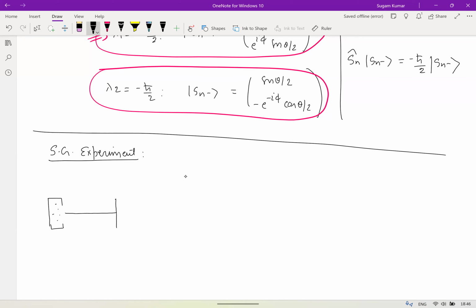It is going to be incident on, or pass through, one SG experiment in which the magnetic field is oriented along the n direction. That n direction I already gave to you. It means you are going to do a measurement of the spin operator in this direction.